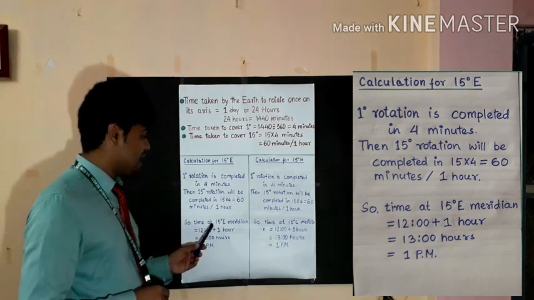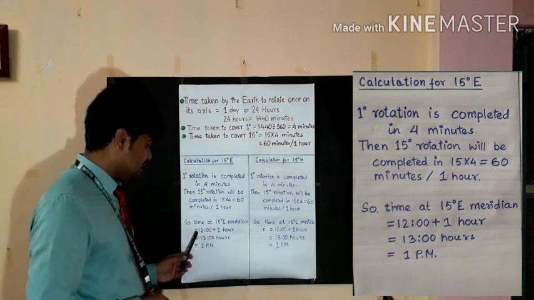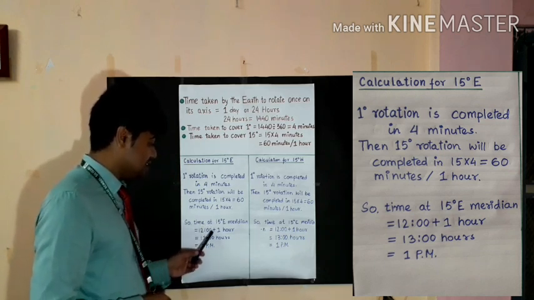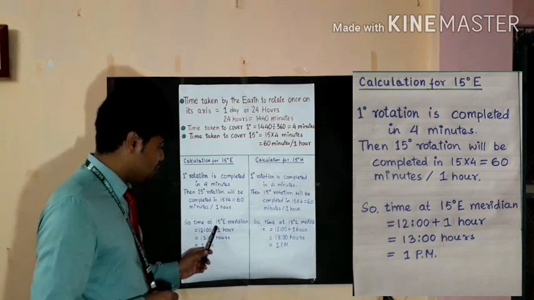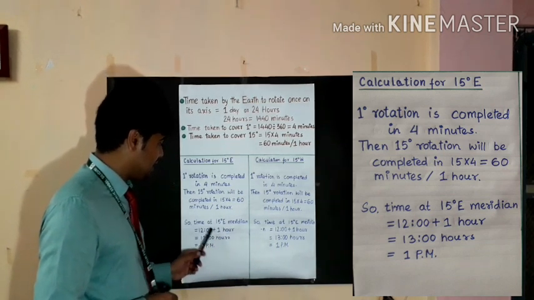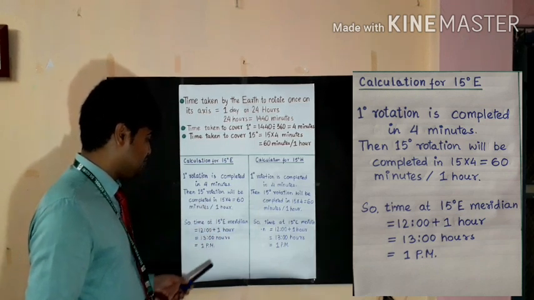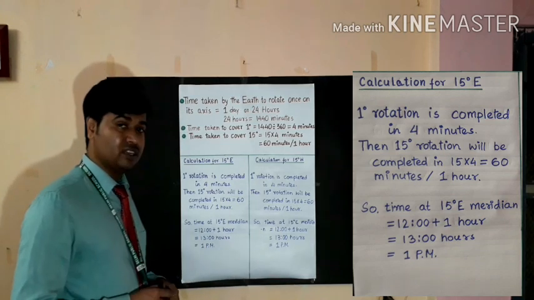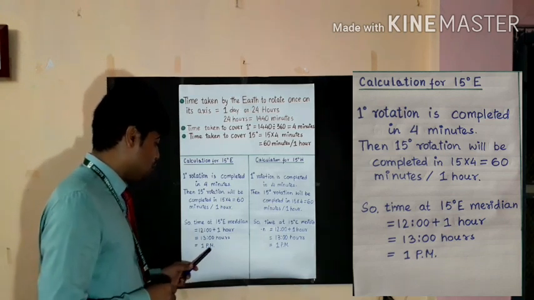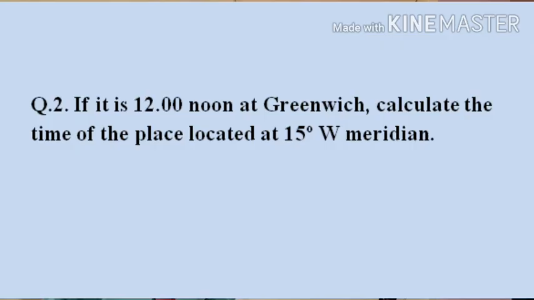So, the time at the 15° east meridian is 12 noon, that is the time of Greenwich, plus the 1 hour that we get from here. So, the time at the 15° east meridian is 13 hours. That means 1 p.m. Let's practice another one.